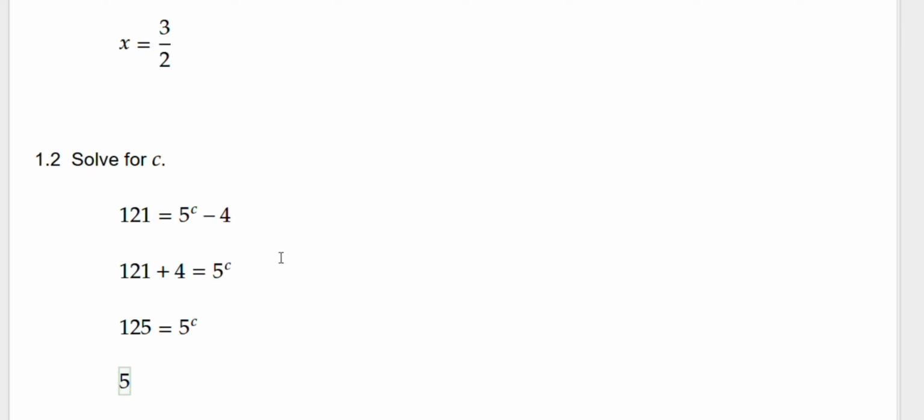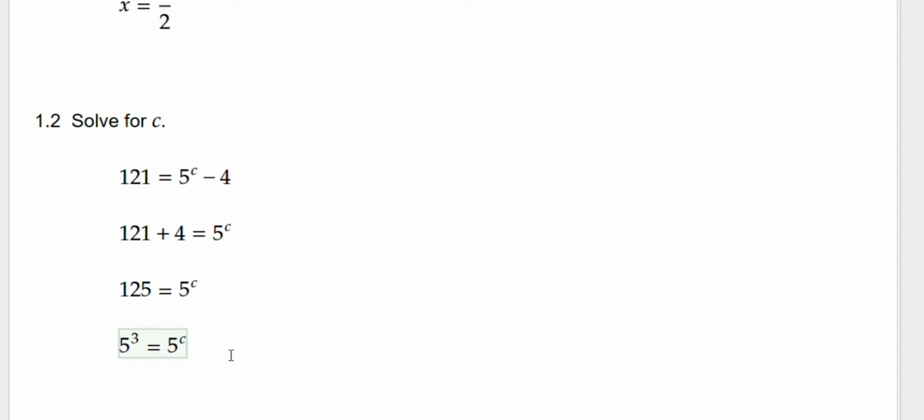There's a method that you can use. We know that we need base 5, so 5 to the power 1 is 5, 5 to the power 2 is 25, 5 to the power 3 is 125. So 5 to the power 3 is the one that is working here, equal to 5 to the power c.